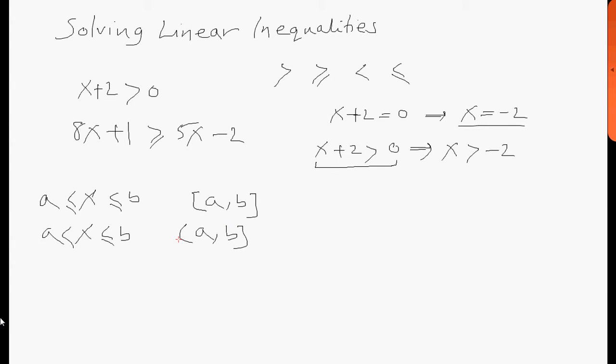I'm using a round brace on the a side and a square brace on the b side to indicate that x cannot be equal a, but x can be equal b. If x is between a and b and it cannot be equal b, I'm using this interval. So from a to b, square brace for a, round brace for b.